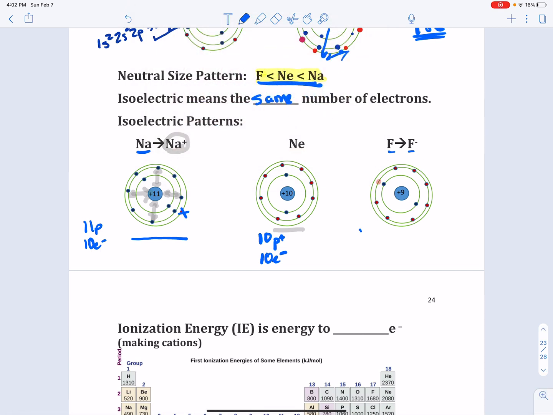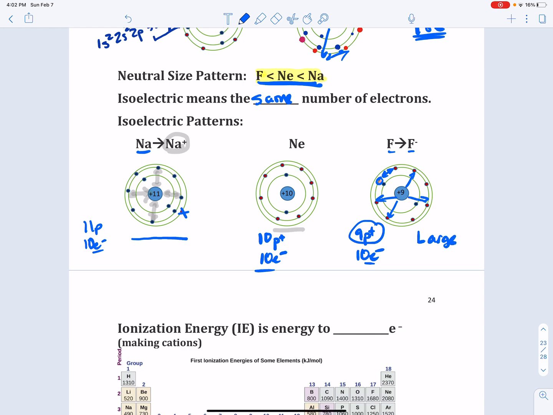Before, it had 9 protons pulling on 9 electrons, but we just added one, so that's 10 electrons. Notice 10, 10, 10. But now our protons don't have as strong of a pull. And so now these electrons on the outside can start moving further out. They have extra repulsions because they've got an extra electron in there amongst each other also. And this is going to be a larger atom.